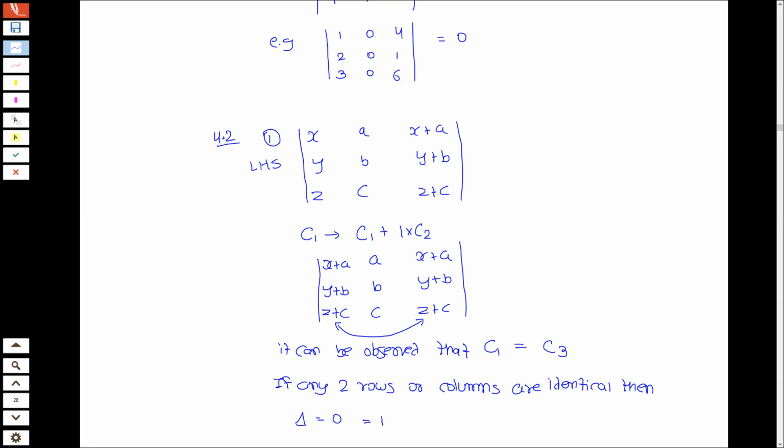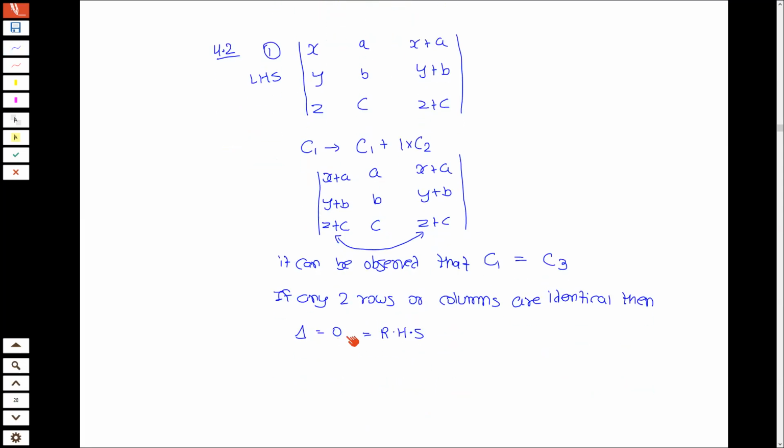Okay, so is equal to right hand side. So we have proved that this is basically 0 without expansion. So I hope you are able to understand how to solve these kinds of question. Raise your hand if this is clear.